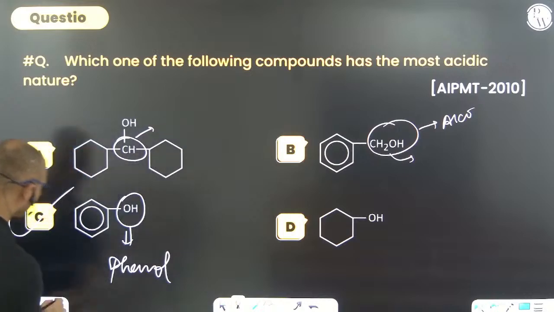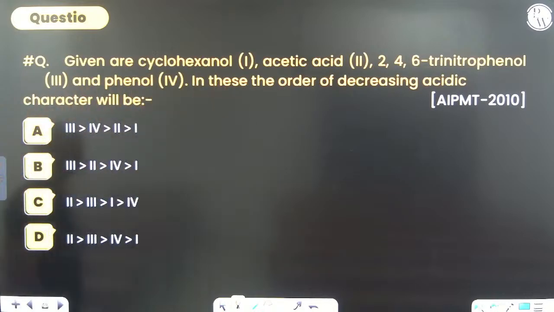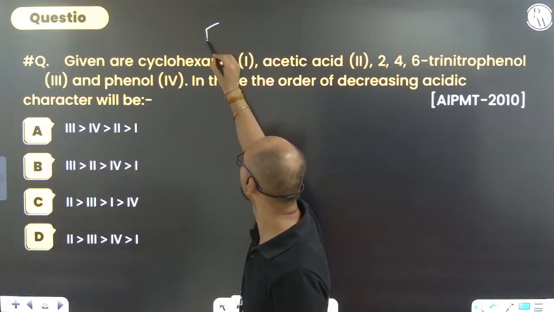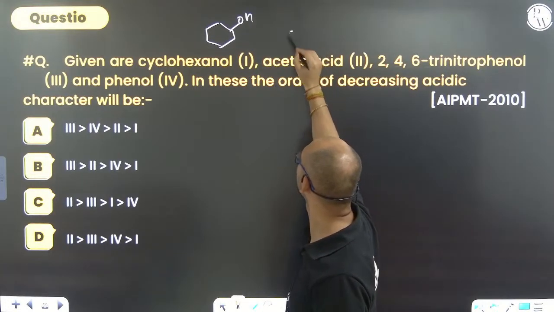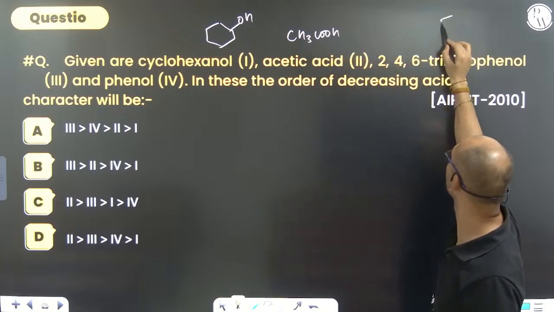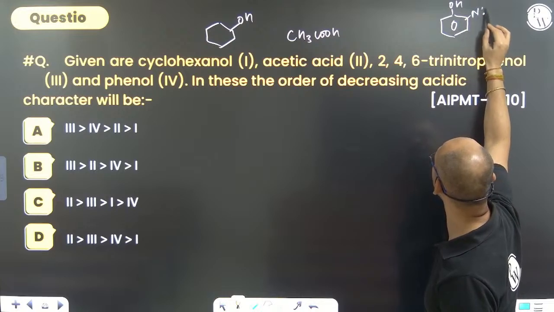Remove these. Next, given are cyclohexanol, acetic acid, CH3COOH, 2,4,6-trinitrophenol, picric acid. This is very strong.